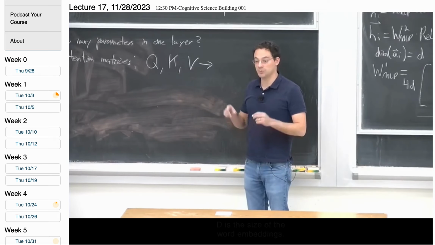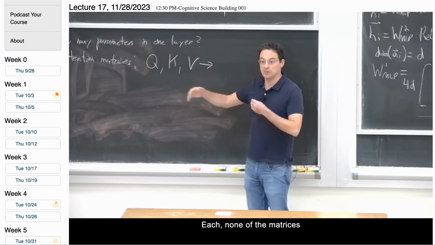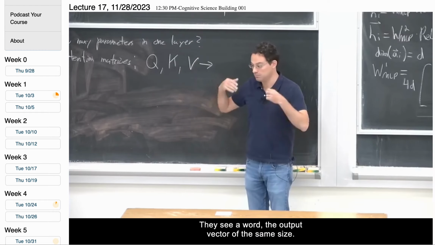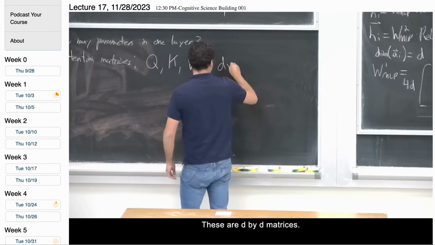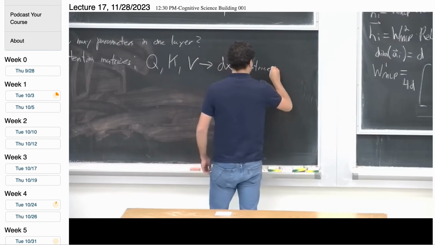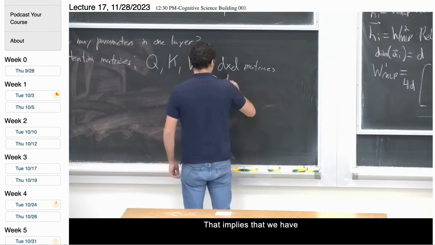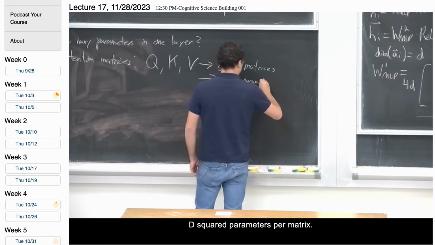They're all D by D matrices. D is the size of the word embeddings. None of the matrices change the size of the word embeddings. They see a word, they output a vector of the same size. So these are D by D matrices, which implies that we have D squared parameters per matrix.